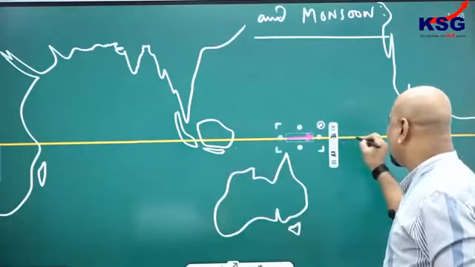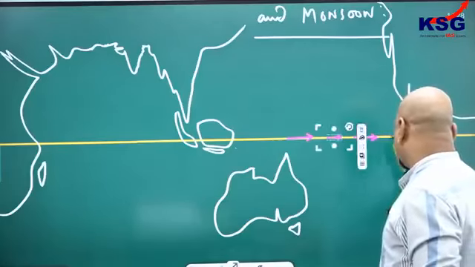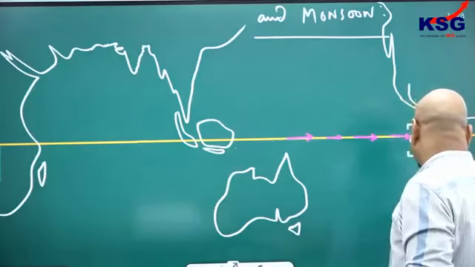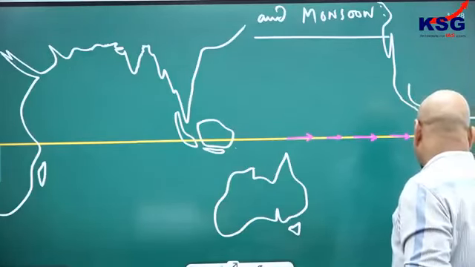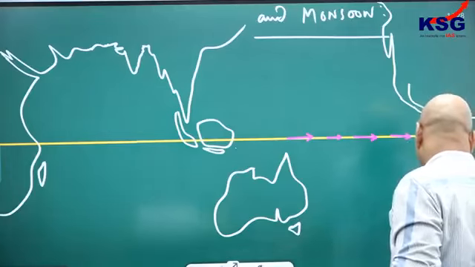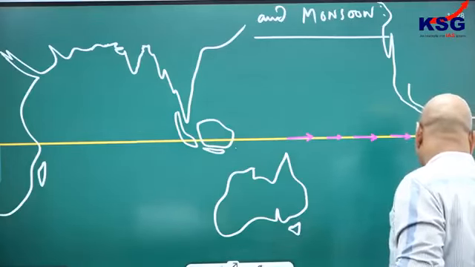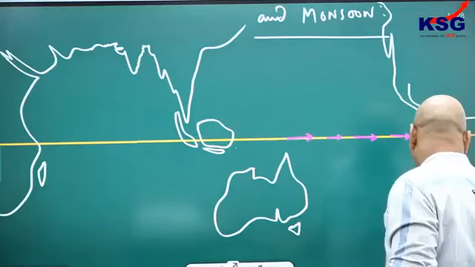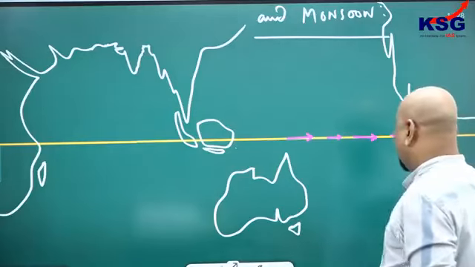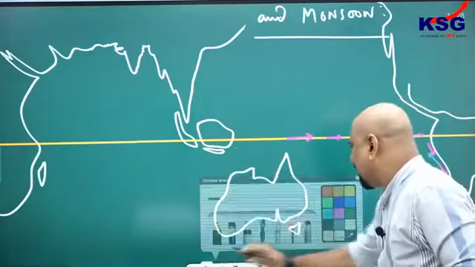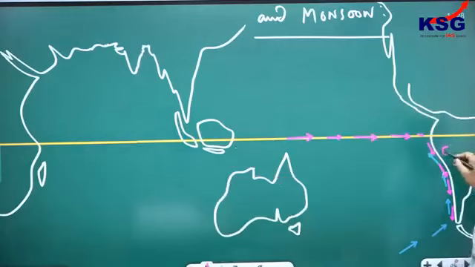Here is a counter equatorial current, and this counter equatorial current became very strong, and replacement of this one is called the El Nino factor. This is known as the El Nino.